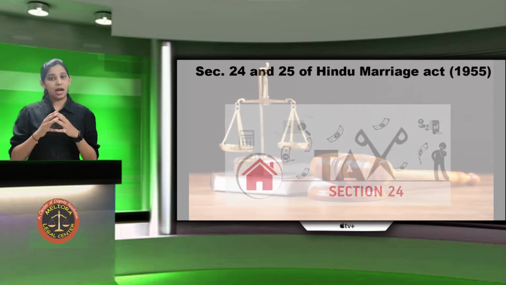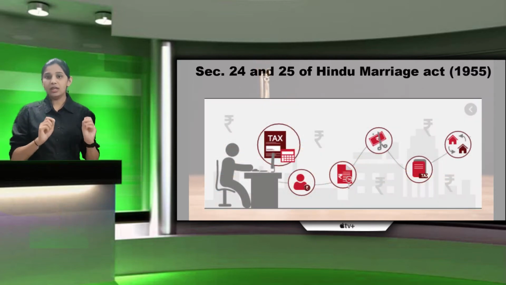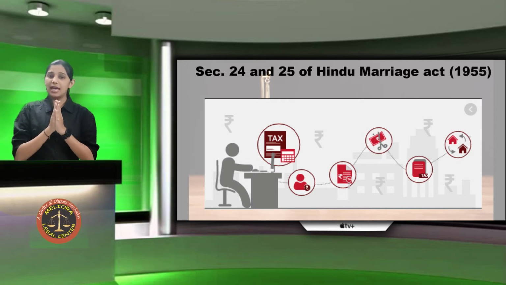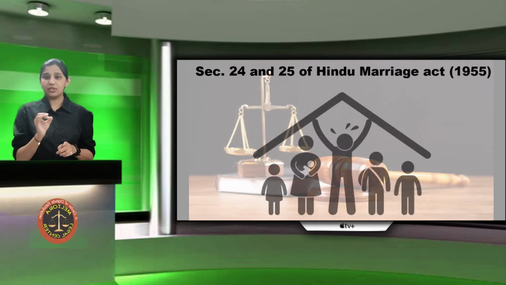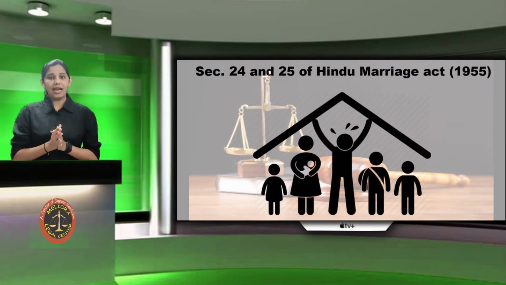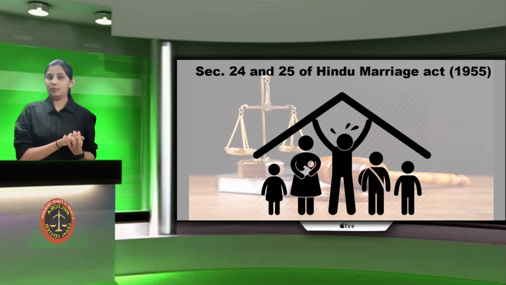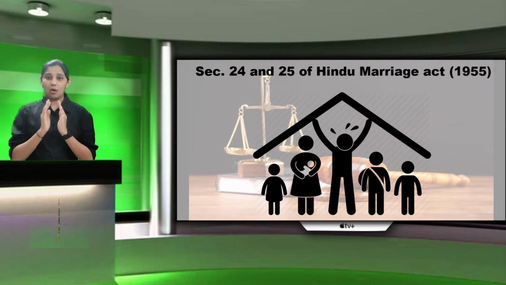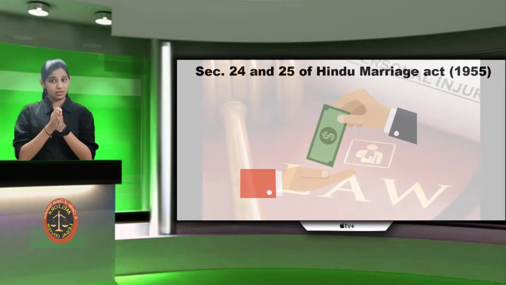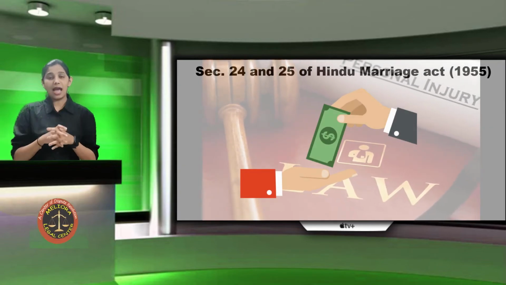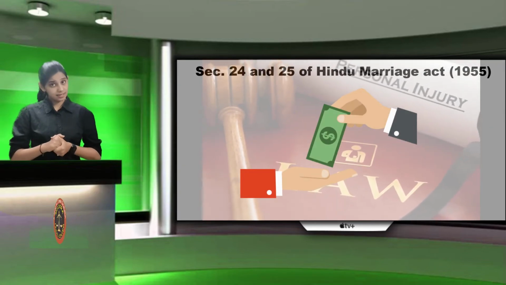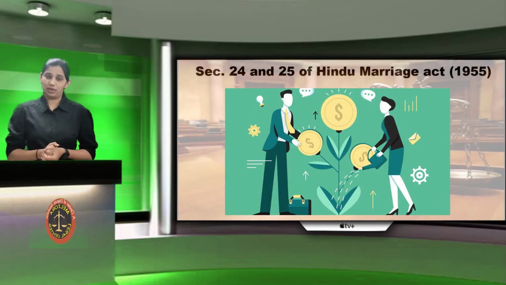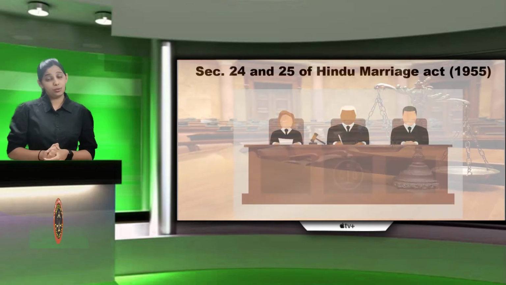Wherein any proceeding under this act, it appears to the court that either the wife or the husband, as the case may be, has no independent income sufficient for her or his support and the necessary expenses of the proceeding, it may, on the application of the wife or the husband, order the respondent to pay the petitioner the expenses of the proceeding and monthly during the proceeding such sum as, having regard to the petitioner's own income and the income of the respondent, it may seem to the court to be reasonable.